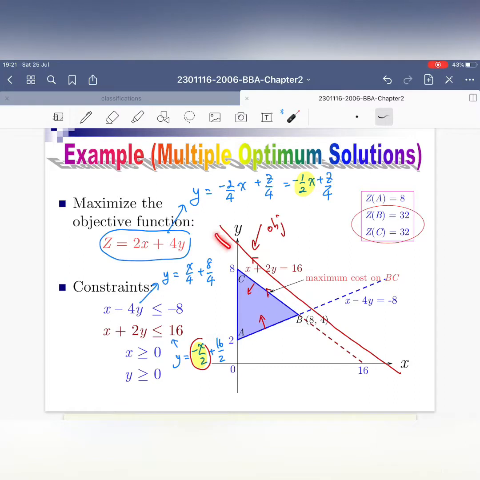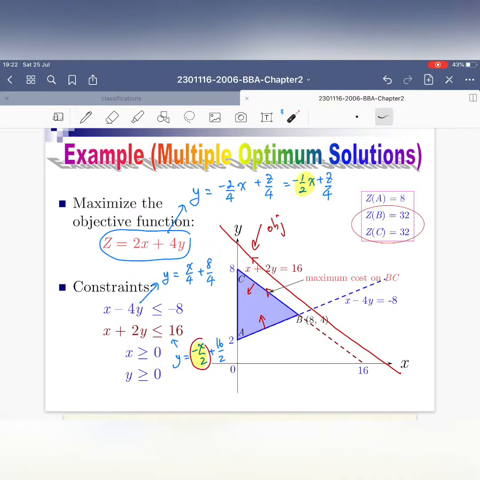So you need to move it down, do a parallel translation, until you hit this line. And you are going to hit really this line because they are parallel, right? So as you move it in parallel, it will coincide with this line.